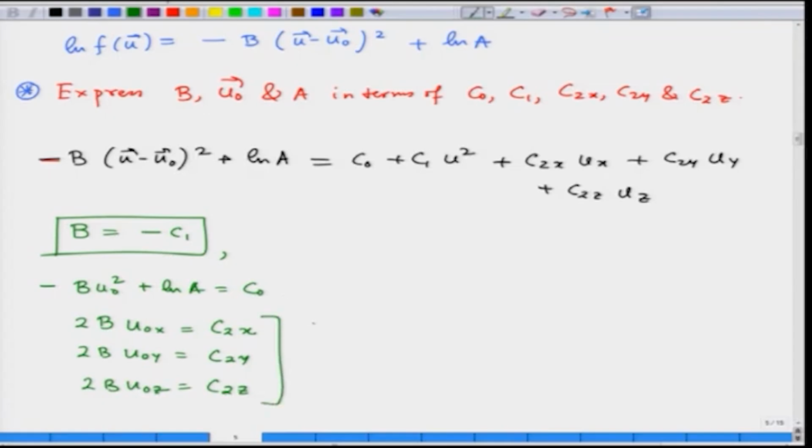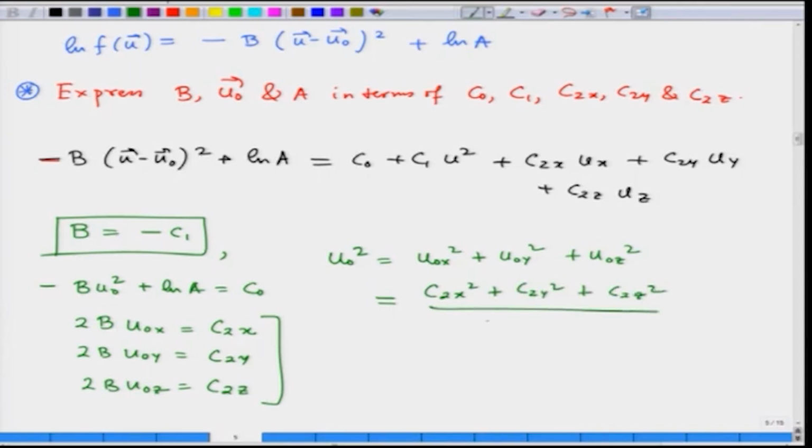If you combine all, you can actually see that u0 square is nothing but u0x square plus u0y square plus u0z square. Okay. u0 is another constant vector which is defined over here. So, u0 square, if you do the calculation correctly, you will see is nothing but C2x square plus C2y square plus C2z square by 4 C1 square.